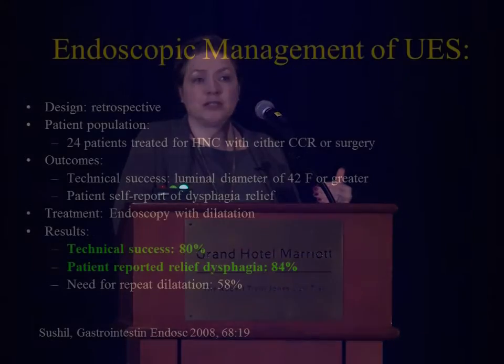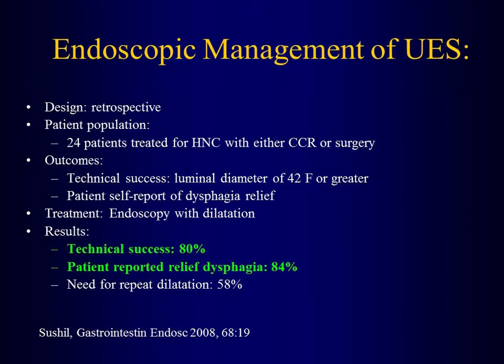Now, the thing to recognize is oftentimes these patients need multiple repeated dilatations in order to alleviate their symptoms, or their symptoms may recur and they may need periodic dilatation procedures, but this can be incredibly important for patients to be able to eat normally.